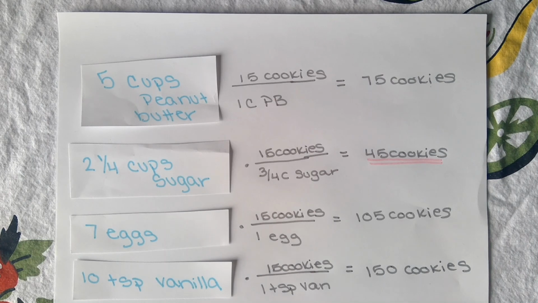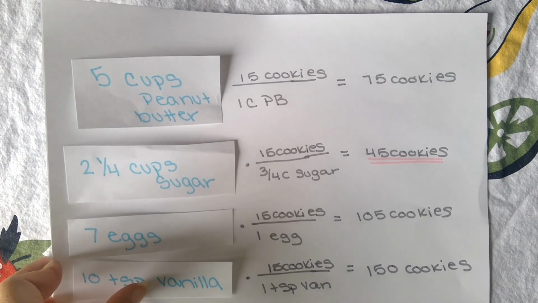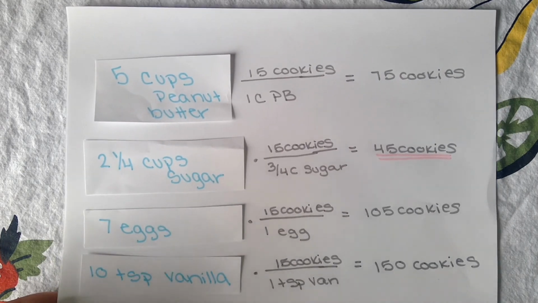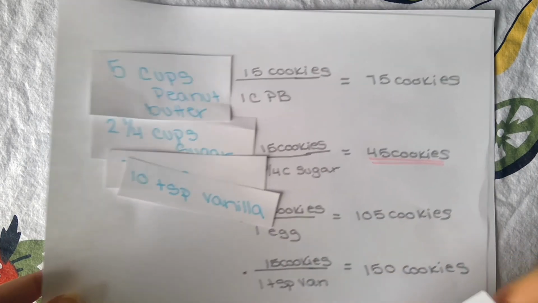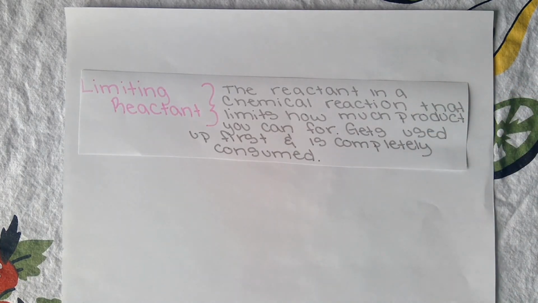So we actually have 2 vocabulary words that we want to think about when we are talking about this. So I'm going to go ahead and clear this, and let's look at some vocabulary words. What I found out is that sugar was my limiting reactant.